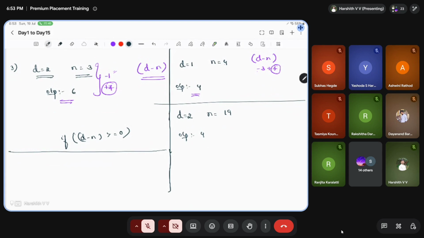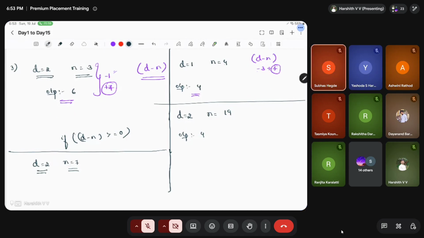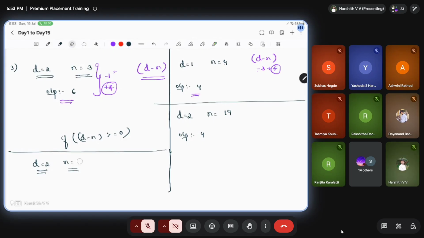Suppose they give d is equal to 2, n is equal to 7. D is equal to 2 is Tuesday. 7 days before Tuesday is which day? Tuesday only.